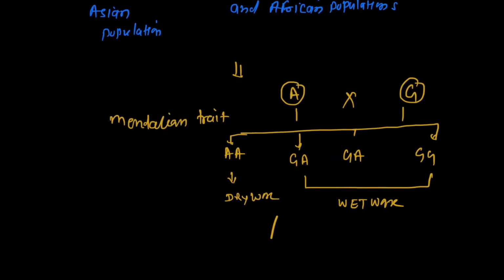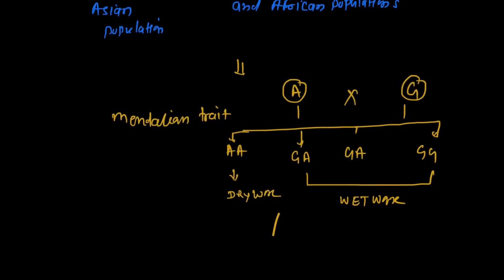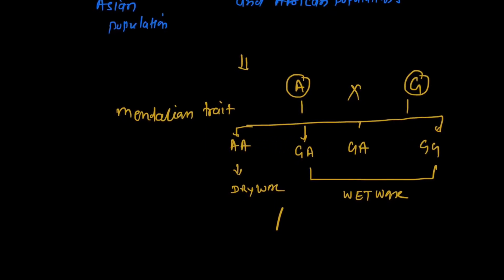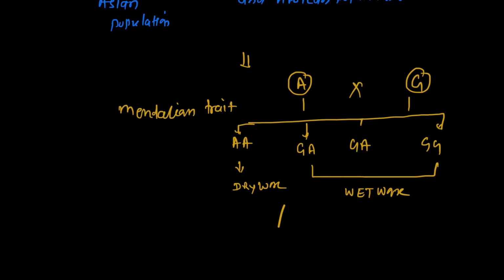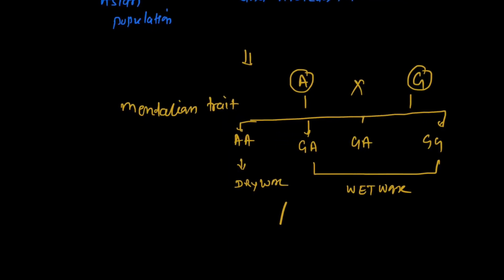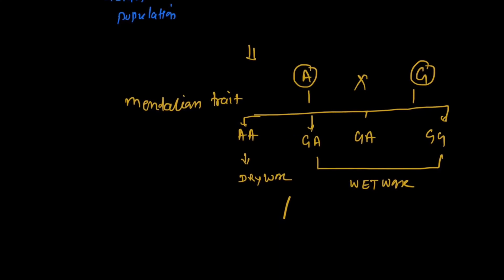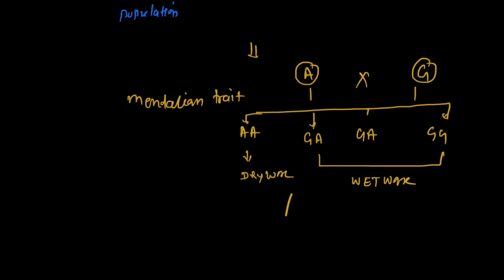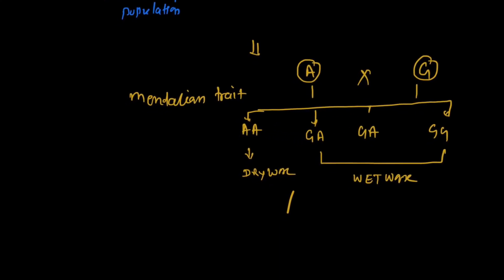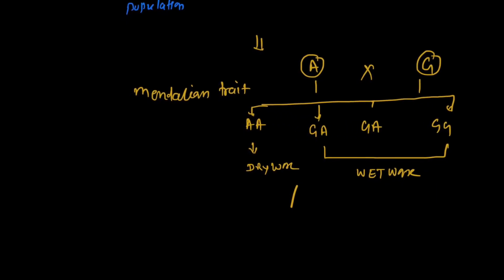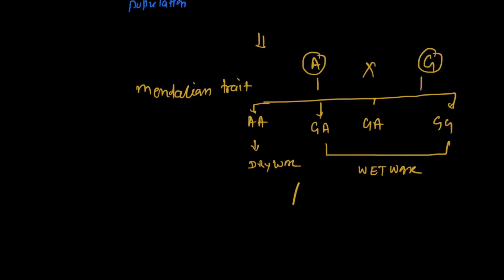It shows a Mendelian trait. If A is paired with G, it means dry wax is paired with wet wax. Mostly G wins, meaning wet wax is the dominant trait. If you look at the combinations of A versus G, AA means dry wax, while GA and GG mean wet wax.